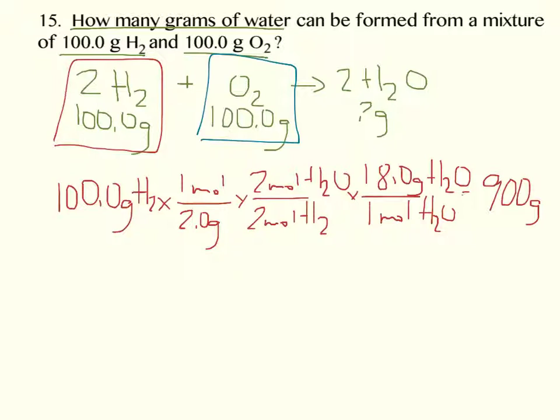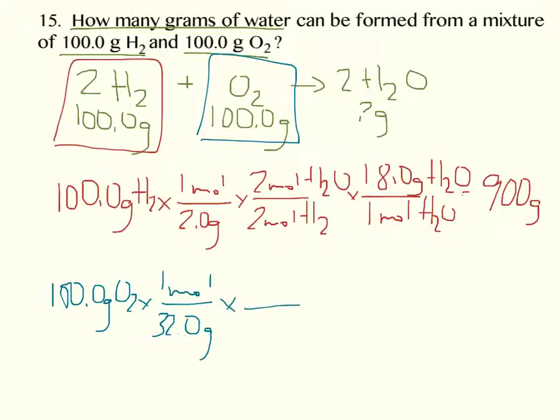If we're starting with the 100 grams of oxygen this time, I'm going to write O2 here so we don't forget. That's 32.0 grams of oxygen for every 1 mole, because there's O2. In the balanced equation, 1 mole of oxygen gives you 2 moles of water.